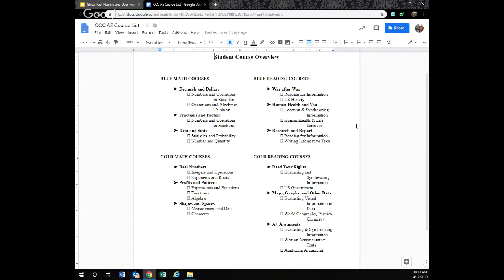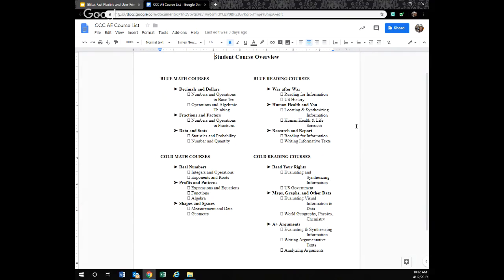We've got decimals and dollars. That is, their basic addition, multiplication, subtraction, and division. We focus on money. We try to keep it focused on budgeting and tie in those skills. Fractions and factors. I'm sure all of you have students that struggle with those fractions. Data and stats is our statistics and probability course. Once again, focusing on the real life examples and also reading graphic documents. So reading graphs, reading charts, and analyzing data.